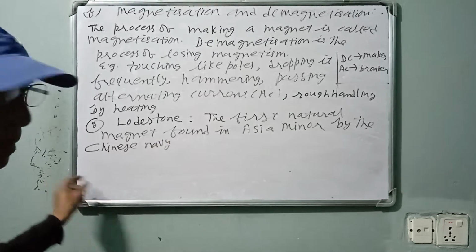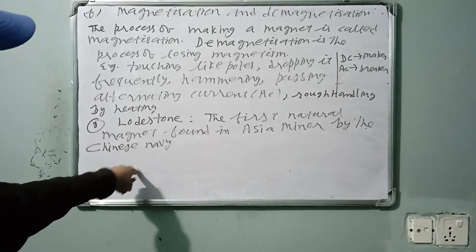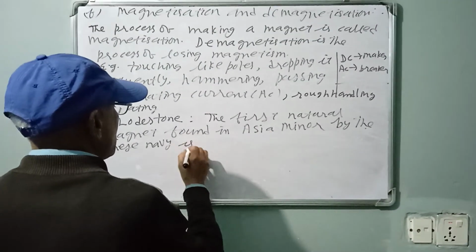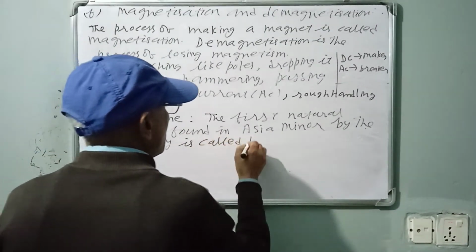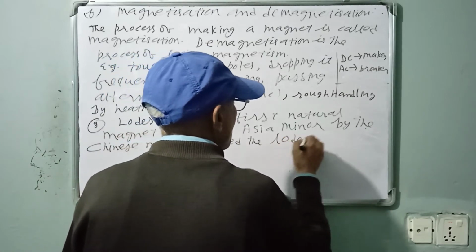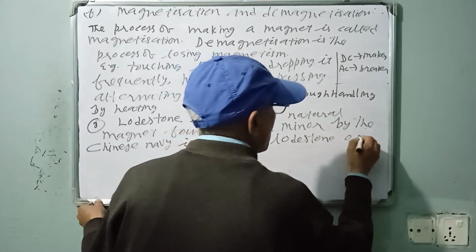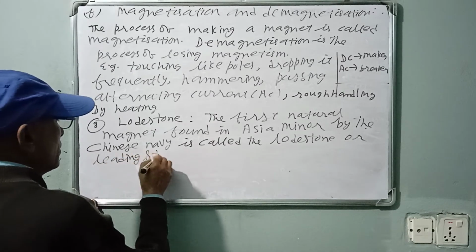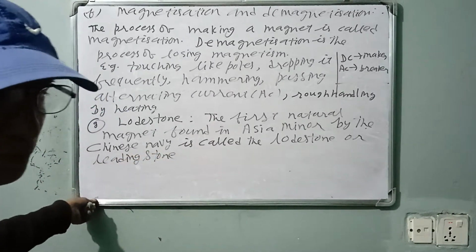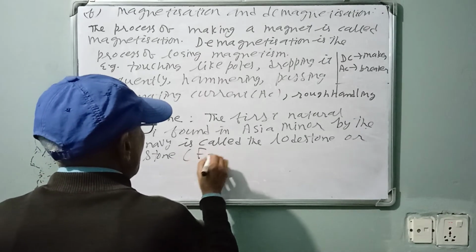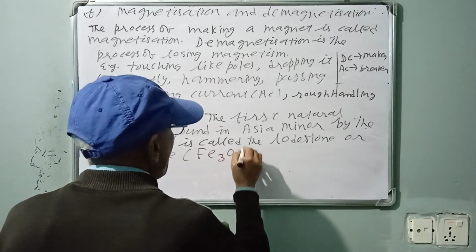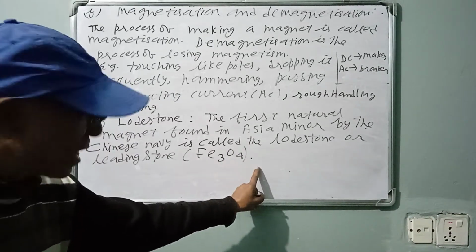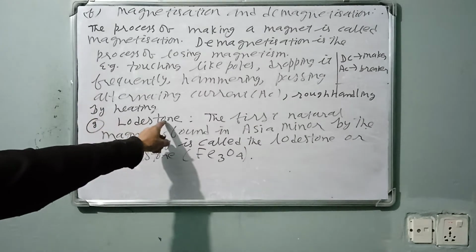In some books, Chinese Navy is written, but in another book, Greek Navy is also written. Asia Minor by the Chinese Navy is called the lodestone or leading stone. Its formula is Fe3O4, triferric tetraoxide. It is the first lodestone.